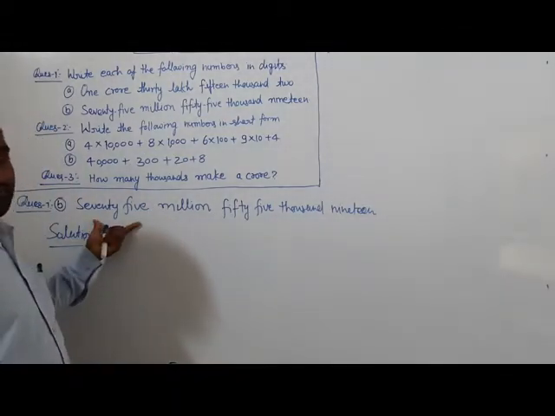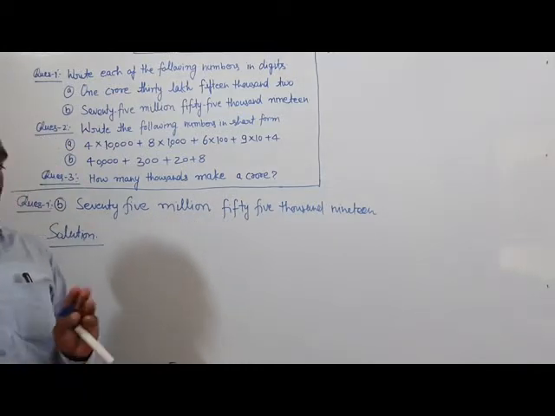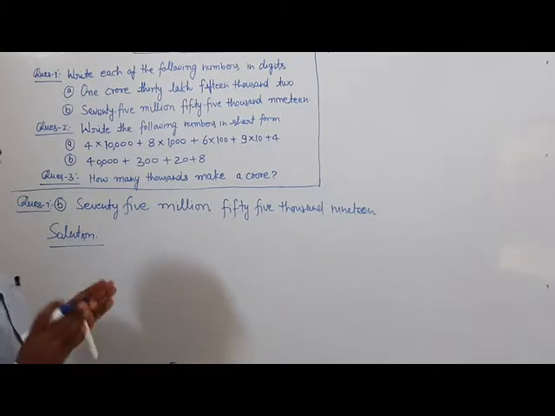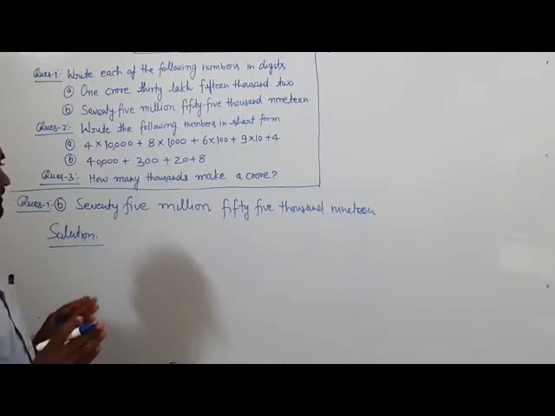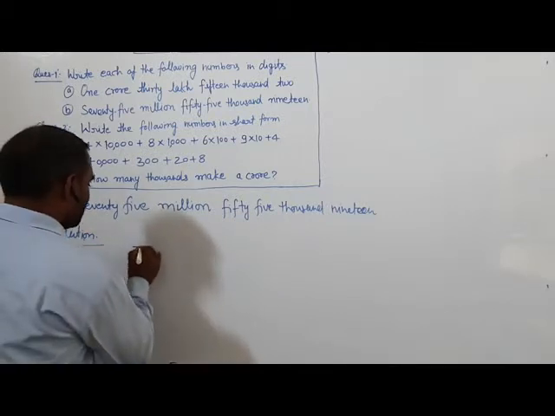It comes under the international place value chart. In the Indian system we have 1,000, 10,000, lakh, 10 lakh. But in the international place value chart, we have 1,000, 10,000, 100,000, million, and 10 million, 100 million. So 75 million, so 10 million.